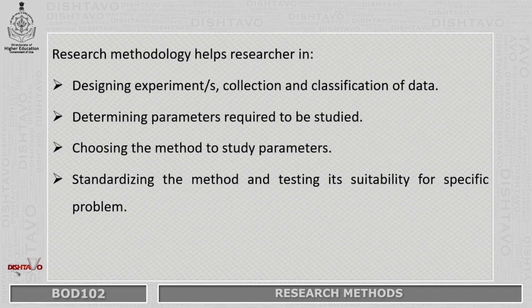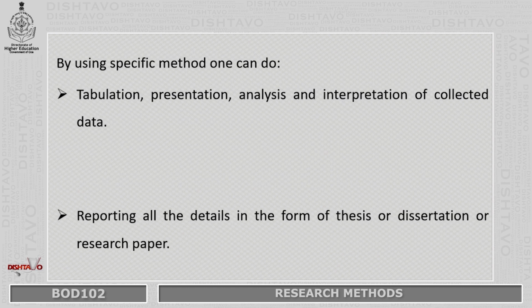Research methodology helps the researcher in designing experiments, collection and classification of data. It helps the researcher in determining the parameters required to be studied. It helps in choosing the method to study the parameters. It also helps in standardizing the method and testing the suitability for specific problem.